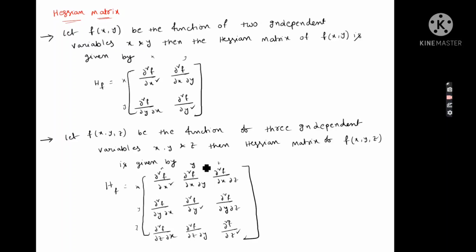Then x and y, and x and z. Then y and x, y and y, y and z. Third row: z and x, z and y, and z and z, so we get d square f by dz square.